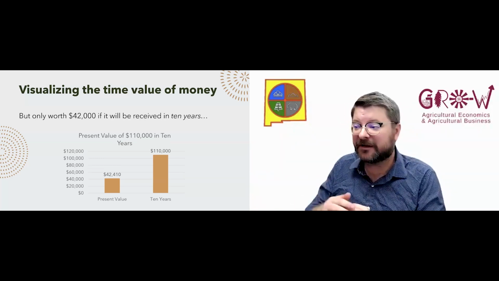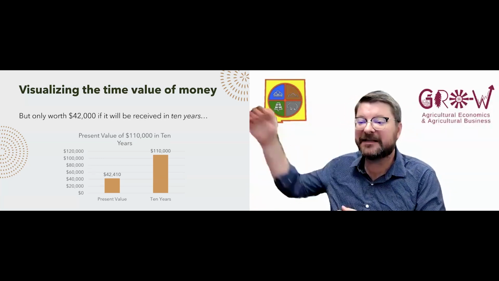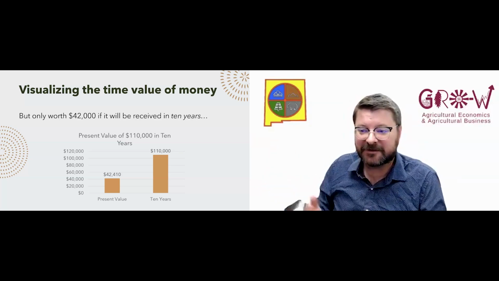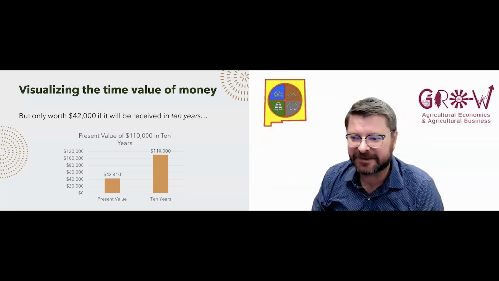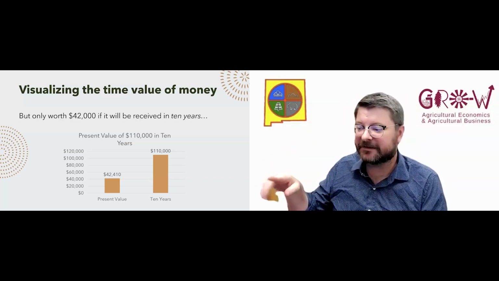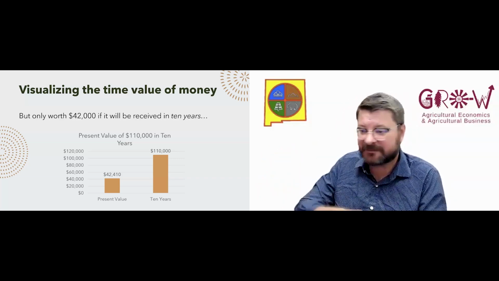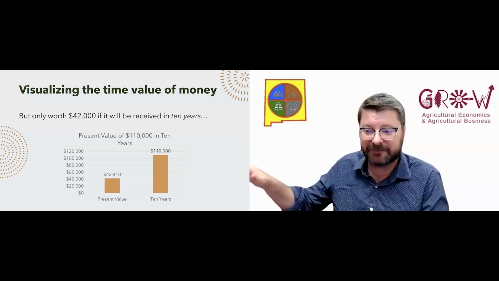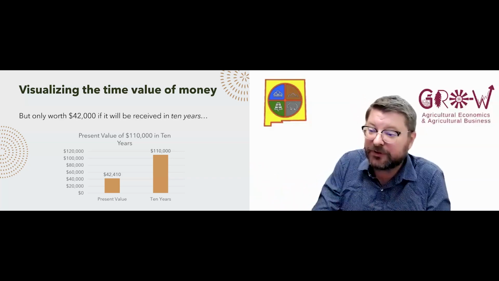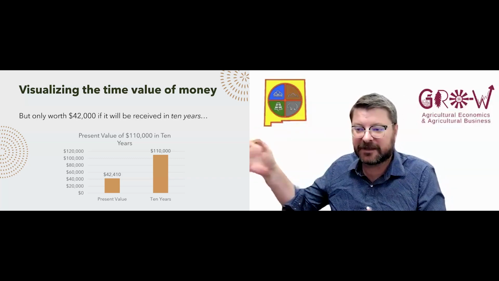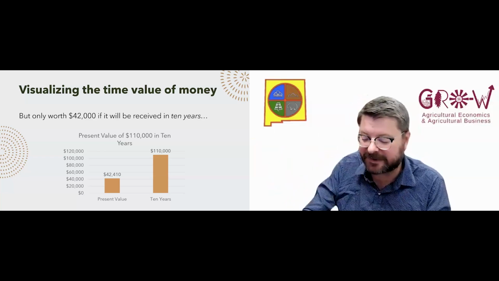If I'm going to receive $110,000 in 10 years, that promise is only worth $42,000 to me. The other way of saying this is that if interest rates remained 10% over the entire 10-year period, I could put $42,000 in the bank and it would grow to $110,000. That's the two different ways of thinking about it.